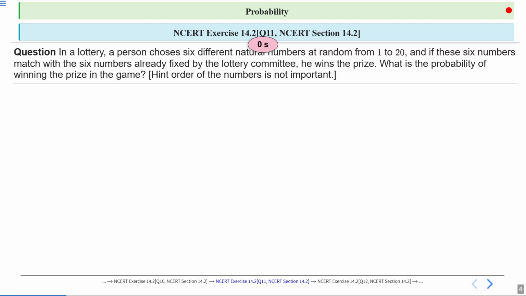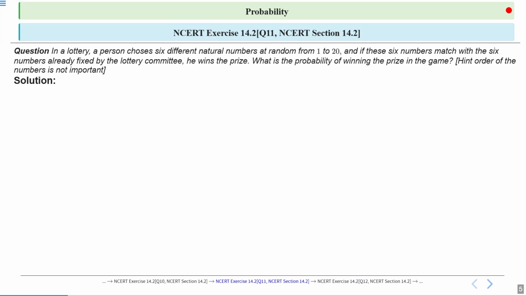Okay students, I hope you tried to solve this question. Now we will solve it. We have to find the probability of winning the prize in the game.